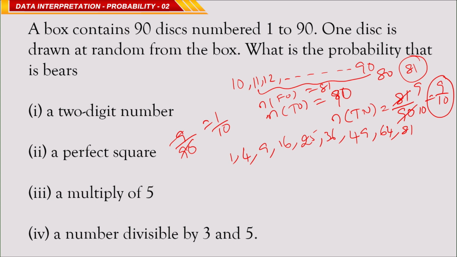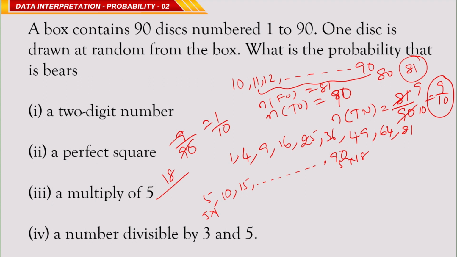What is the probability of a multiple of 5 here? The multiples of 5 start with 5 ones are 5, 5 twos are 10, 5 threes are 15, and so on up to 5 eighteens are 90. So this is 5 ones, this is 5 eighteens. There are 18 multiples of 5 from 1 to 90.